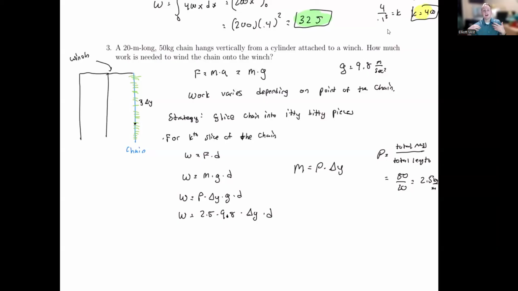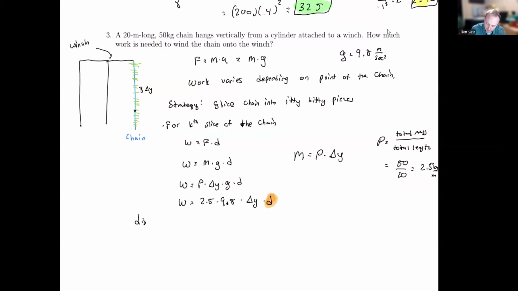And the stuff I was concerned about in this problem was, oh, it takes different distances. The different distance determines the different amount of work it takes to move the chain up that much, right? So this is a problem we need to investigate more. This is representing the distance a kth slice travels.